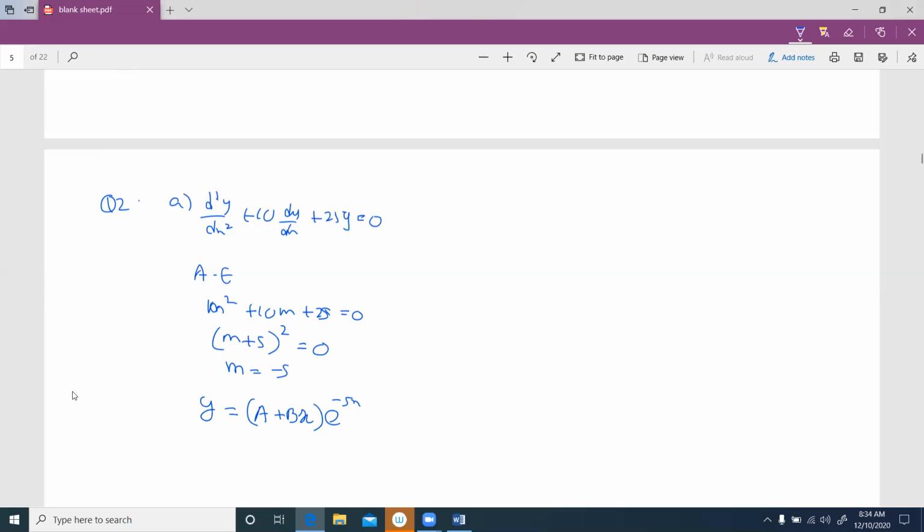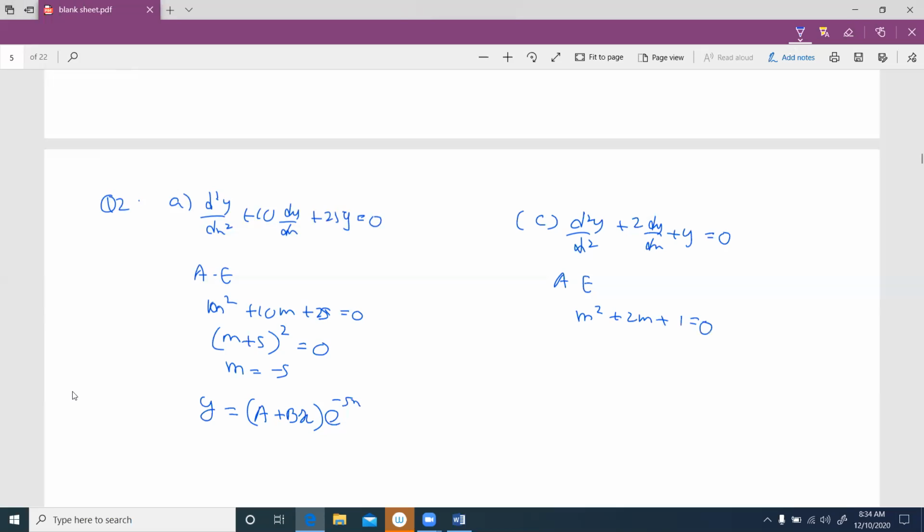Yes, sir. Okay, let's go ahead with another example. Question number C, that is d squared y by dx squared plus 2 dy by dx plus y is equal to 0. If you get the auxiliary equation, it turns into m squared plus 2m plus 1 is equal to 0.